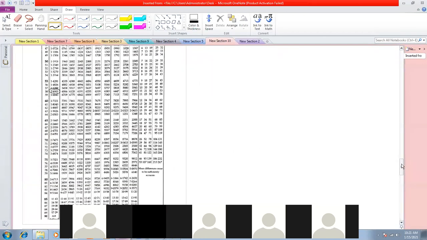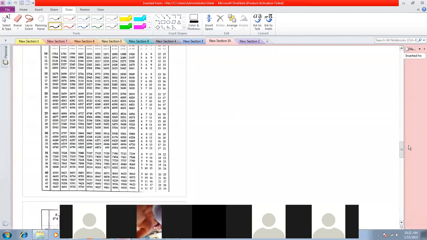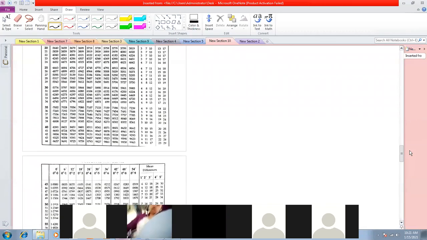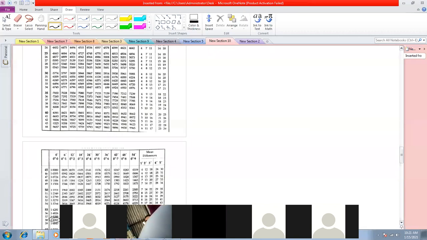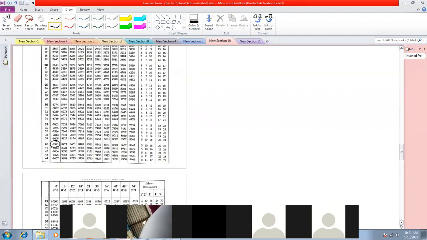Yes, the tan tables are there. Tan 40, if you see, is this value 0.8391. 40 degrees 0 minutes, right? You see here 0 minutes. Tan 40 degrees, 0 minutes corresponds to tan 40 only. So it is 0.8391.